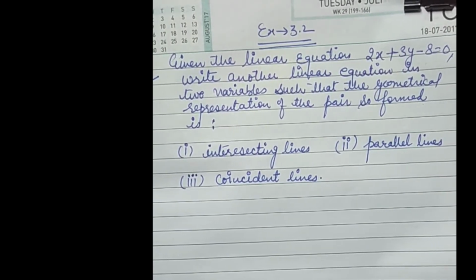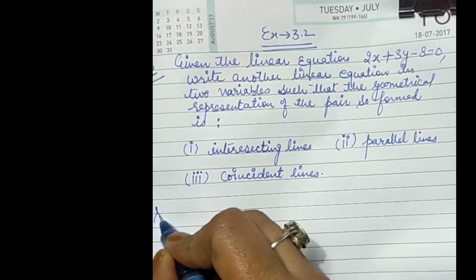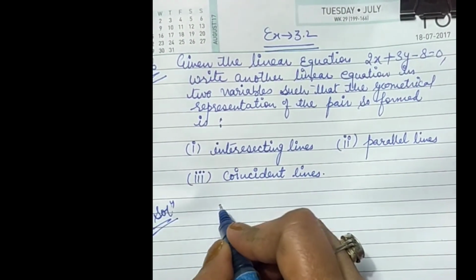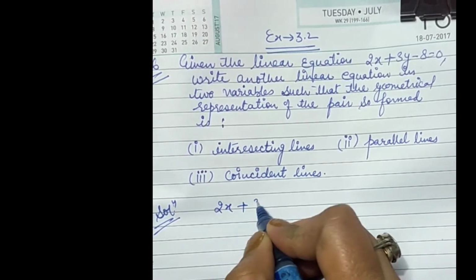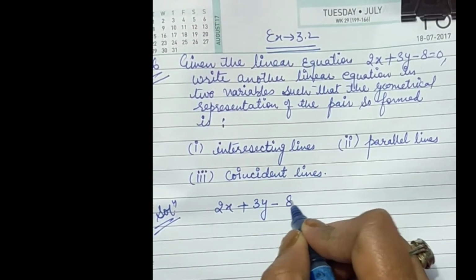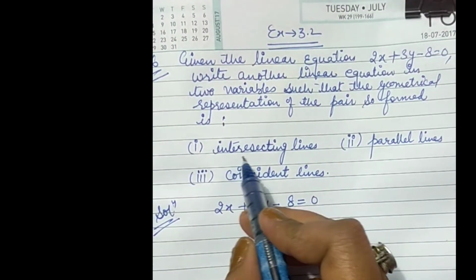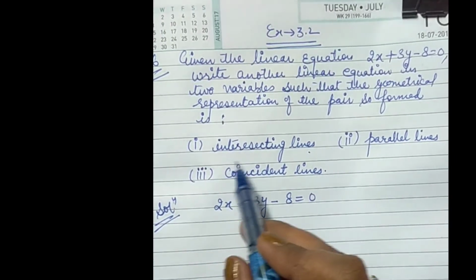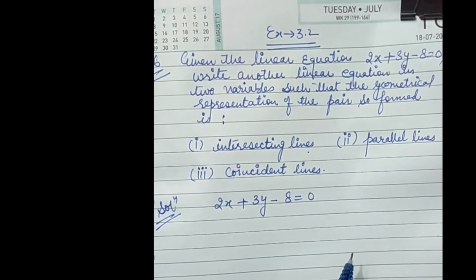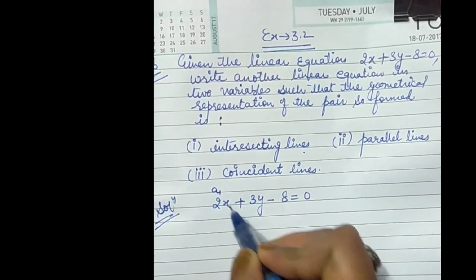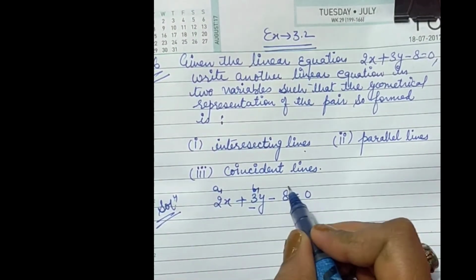You can go through. So here we have been given one equation, that is 2x plus 3y minus 8 equal to 0. Now if I have to make the lines intersecting, when will the lines be intersecting? When all the ratios are unequal. So we have been given A1, B1, C1.